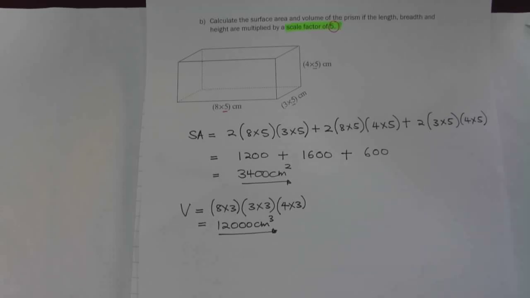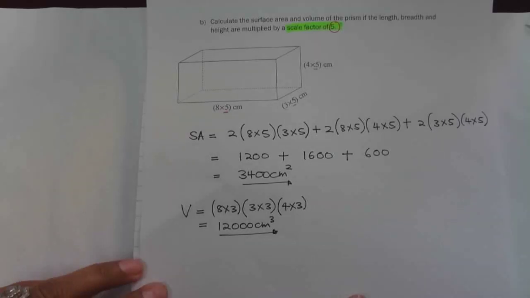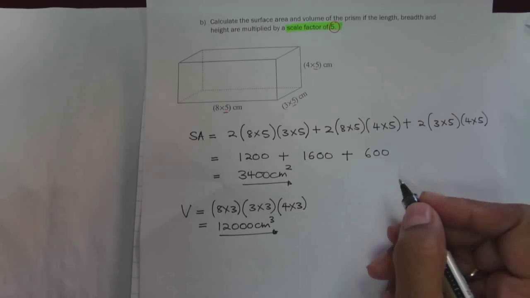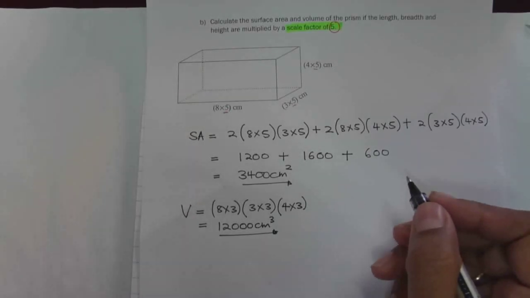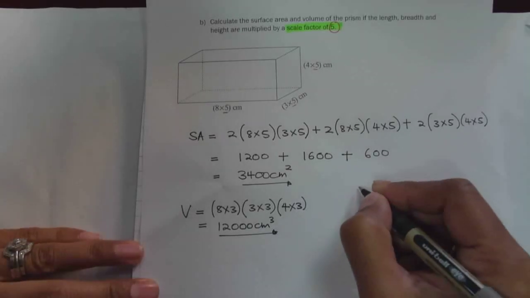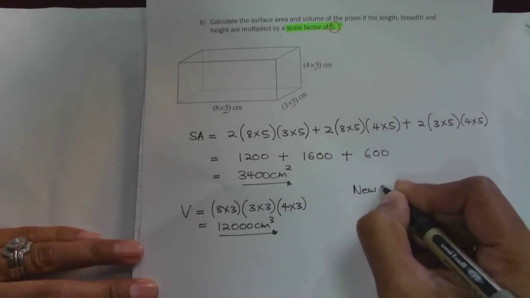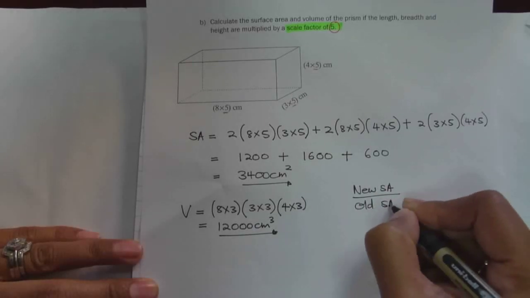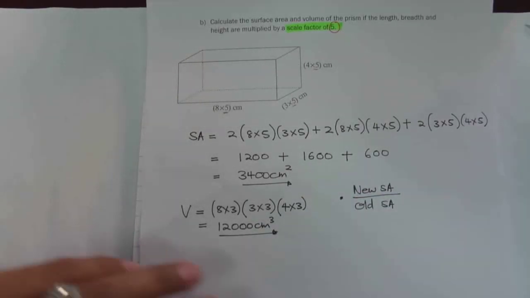Okay, now what is the point of this? Now we're going to do a little comparison here. So I'm going to compare the new surface area to the old surface area. I'm just going to work over here. So new surface area divided by old surface area. So that's the first comparison.